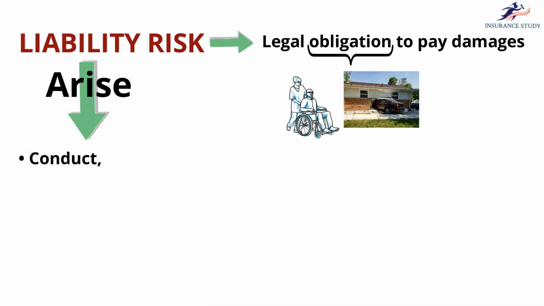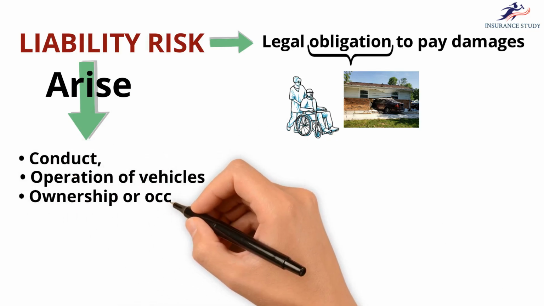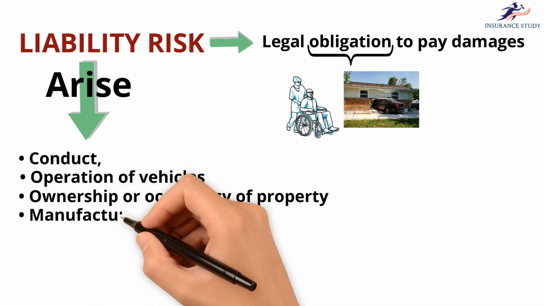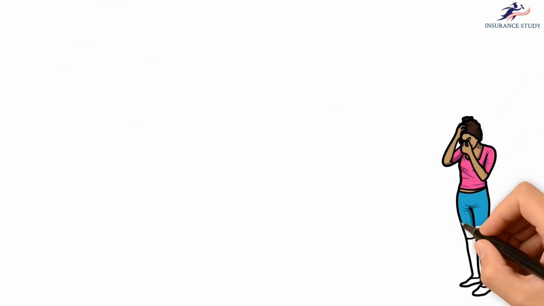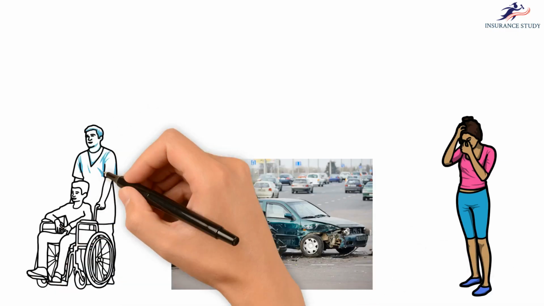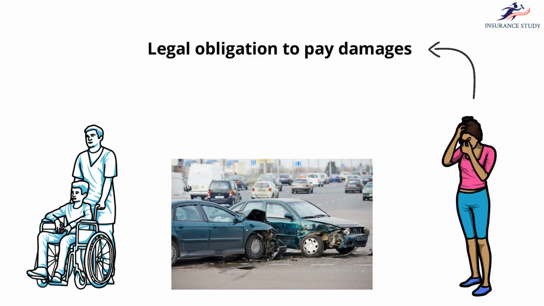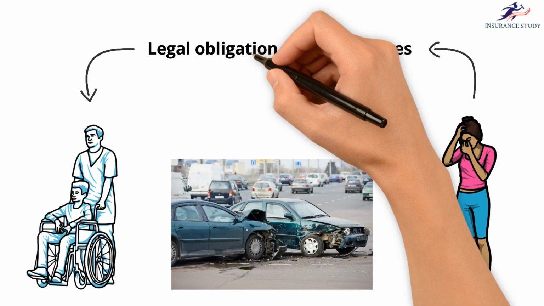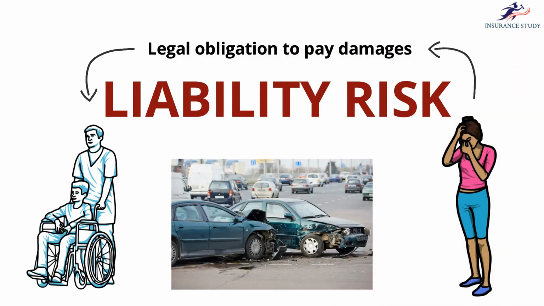First is conduct, operations of vehicles, ownership or occupancy of property, manufacture of products, and rendering professional services. Imagine a person is legally responsible for injuring another person. If that person has a legal obligation to pay damages, this represents a liability risk. So exam tip, when you see legal obligation to pay damages, think liability risk.